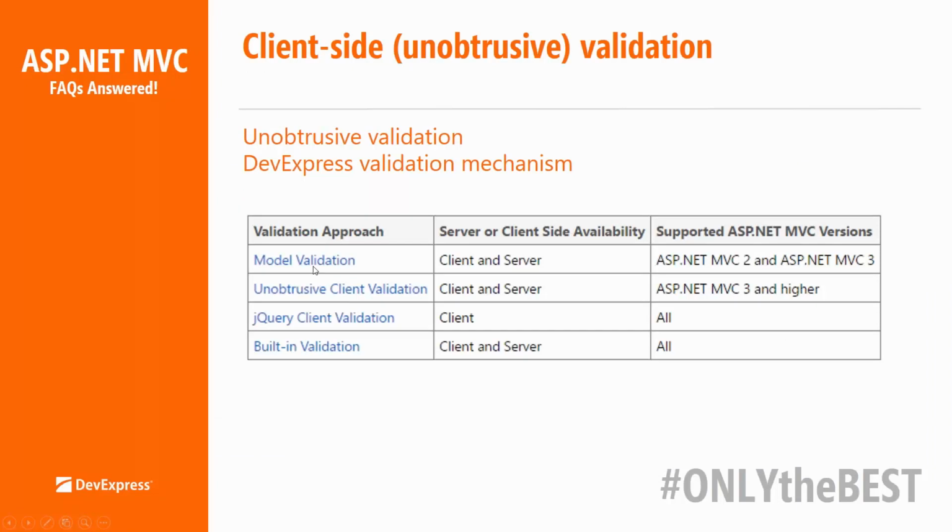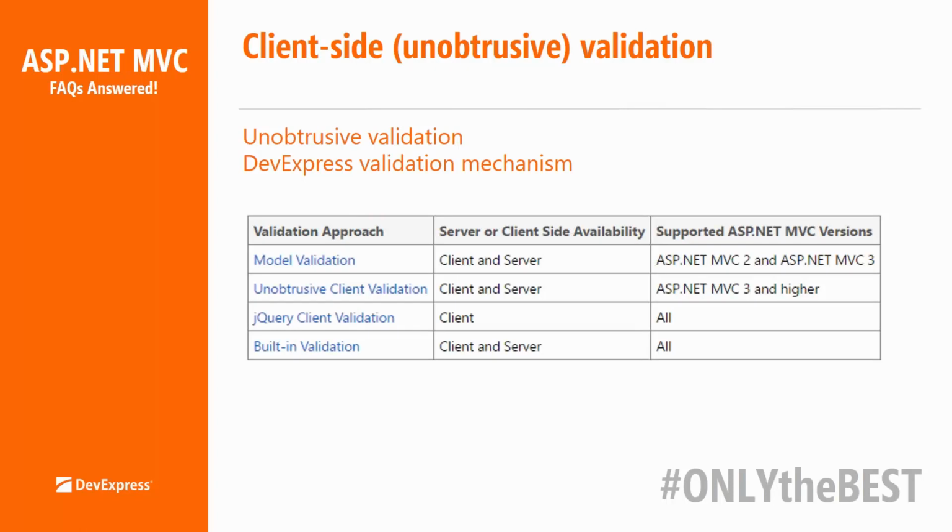And this will be validated on the client as well as the server. With the introduction of MVC 3, there was the unobtrusive client validation. One of the things which people like about MVC, besides the design pattern, is the clean HTML that it renders.